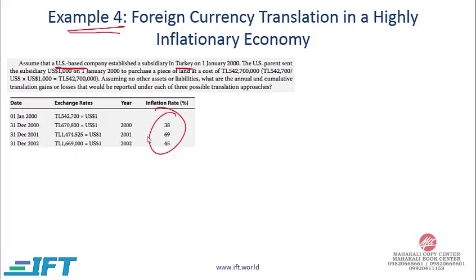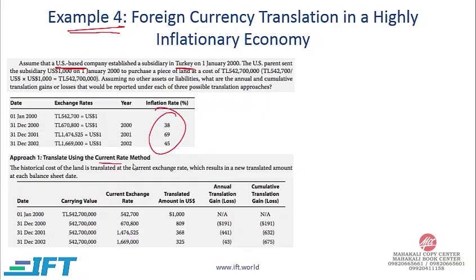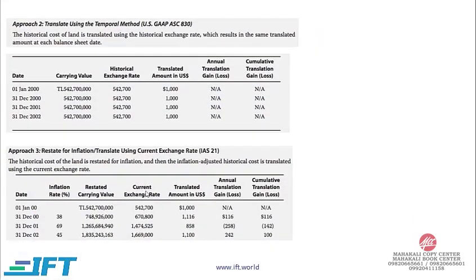And then we are asked to translate using the current rate method, and then translate using the temporal method, and then translate using a third method. So given what you've learned so far about the current rate method and the temporal method, I want you to do the translation and see if you come up with the same numbers shown over here.